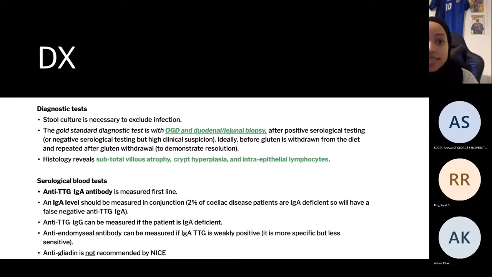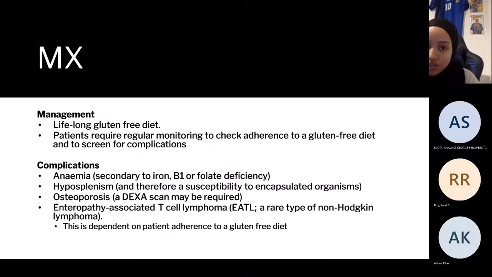In terms of management, it's a lifelong gluten-free diet. And you need to have regular monitoring to check for adherence to that gluten-free diet and screen for any complications. In terms of complications, they might have anemia, they might get hyposplenism, and because of that, they are more susceptible to infections by encapsulated organisms.